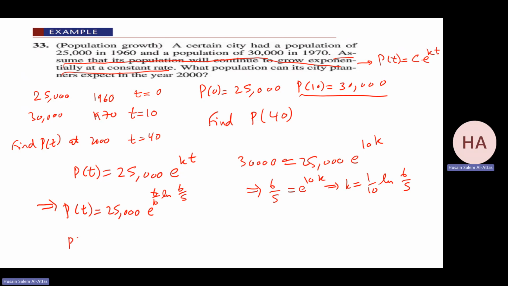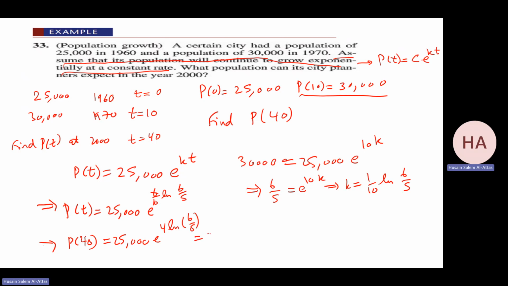Now P at 30, P at 40, not 30, sorry. P at 40 will be 25,000 e^(40/10), which is e to the power 4 ln 6/5.